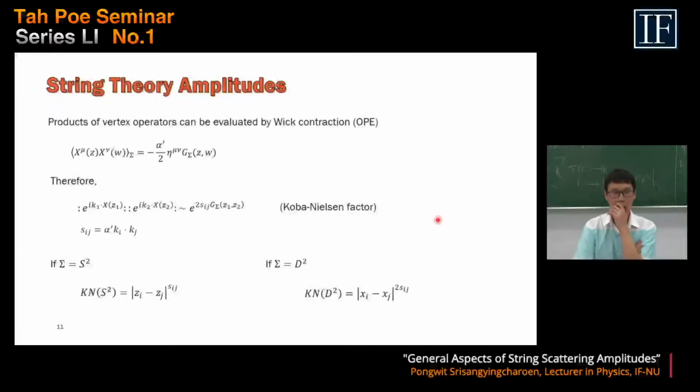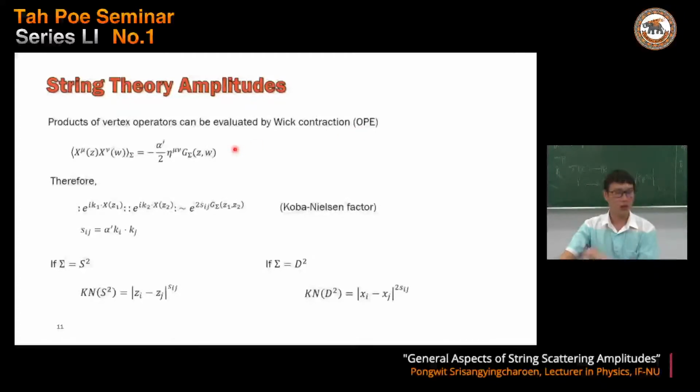And then to consider the expectation value, we can evaluate the products of vertex operators by using the Wick contraction, or with what is called the OPE, or the operator product expansion.